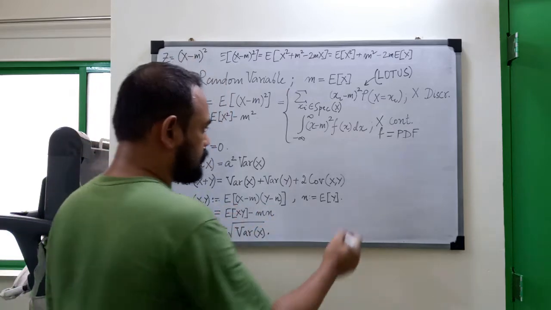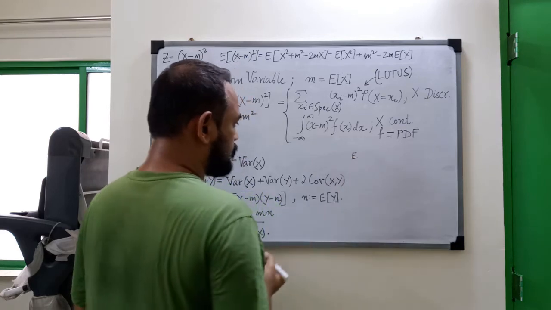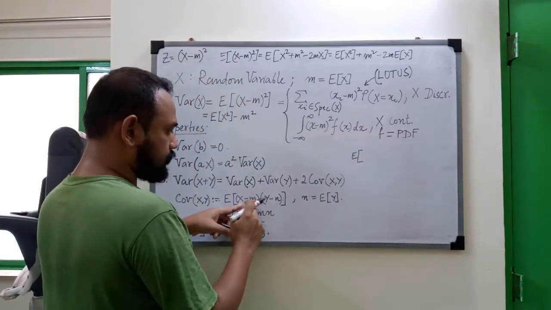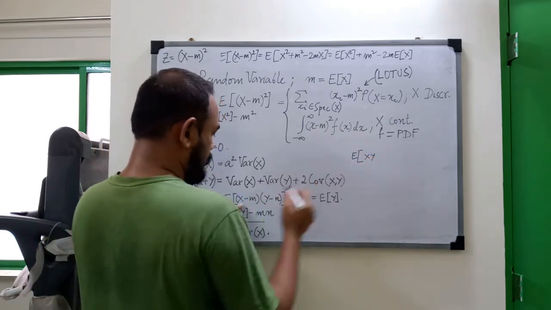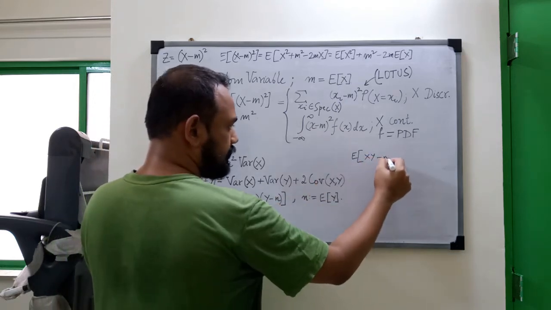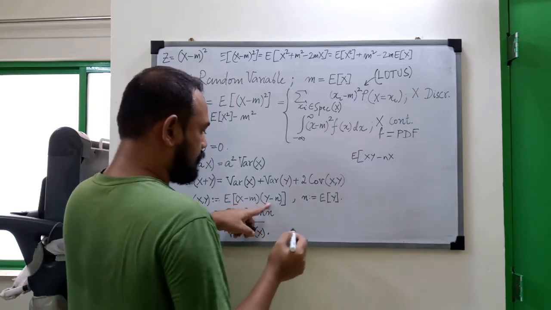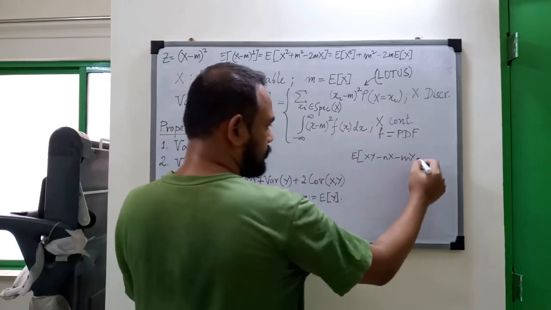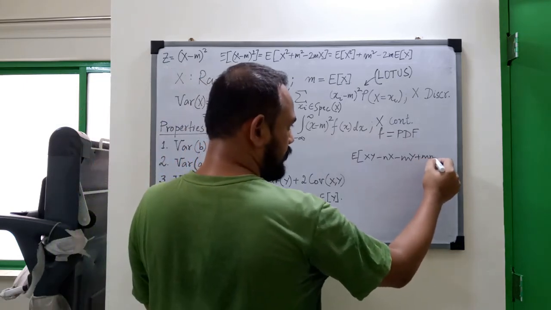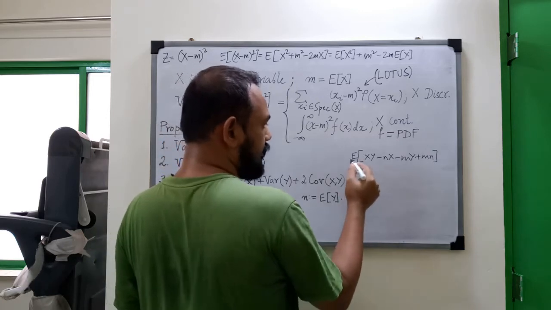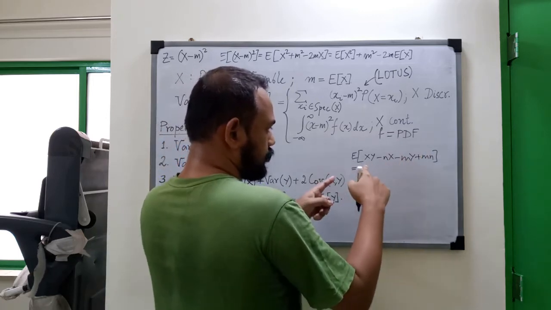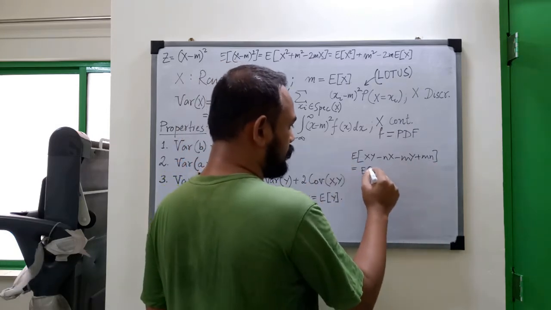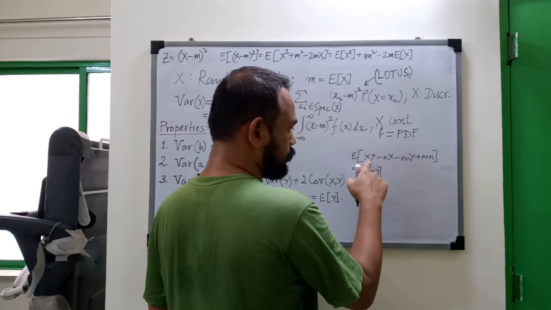So let's just do that quickly. Expectation of, if I multiply this together, x with y, and then x with minus n, then minus m with y, and then m and n, or minus m and minus n, so you get a plus mn. Again, by linearity of expectation, you can just take the expectation of the individual things. So you would get expectation of xy from the first term.